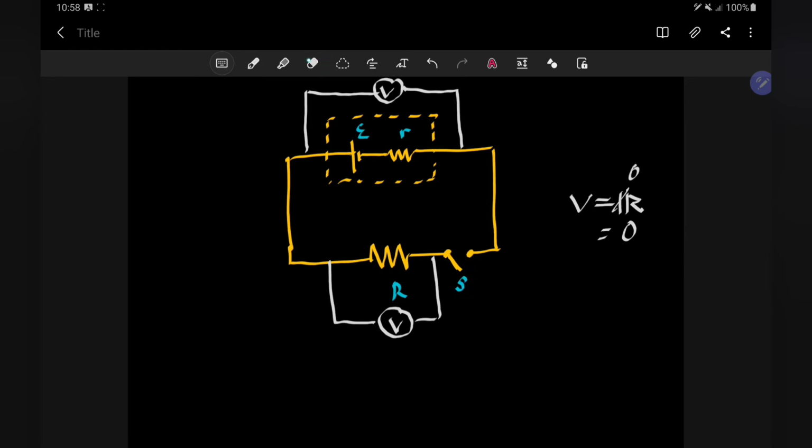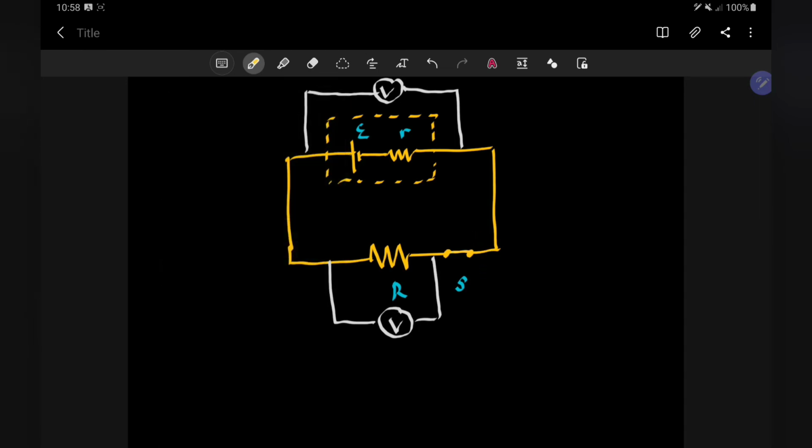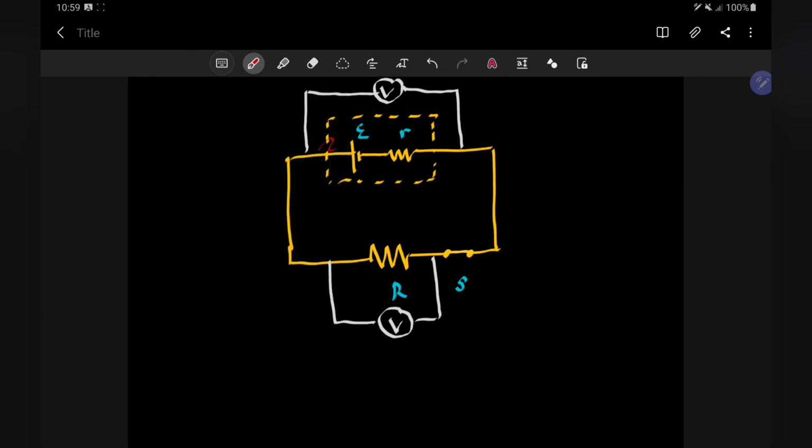Now by turning on the switch S, what happened? The current starts to flow in this direction. So this is the current I. Remember, V equals IR.